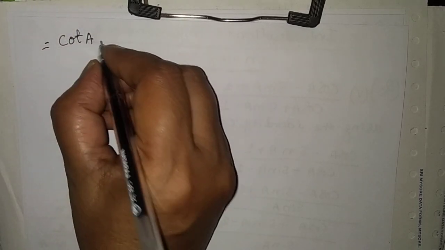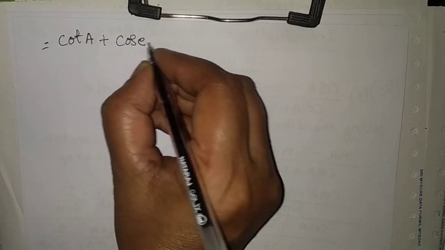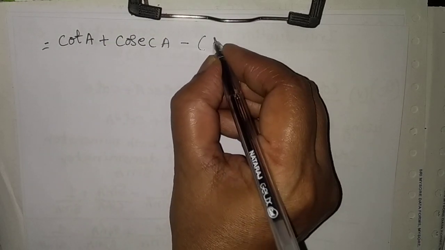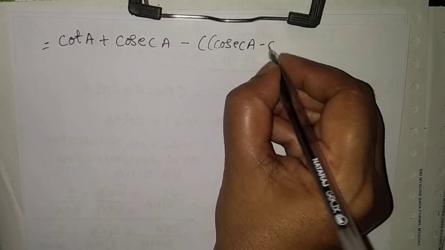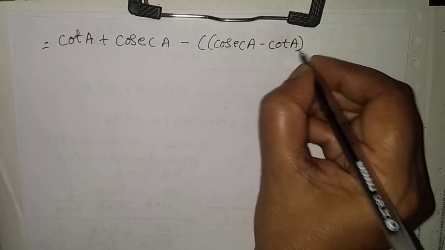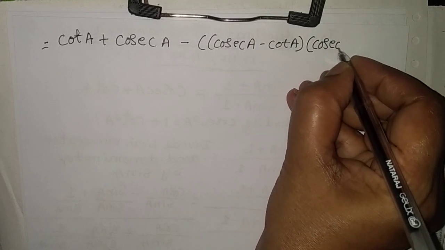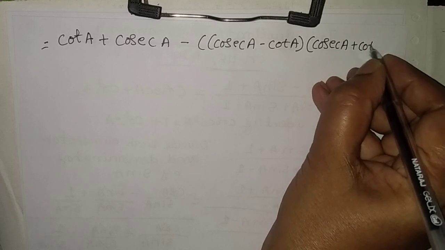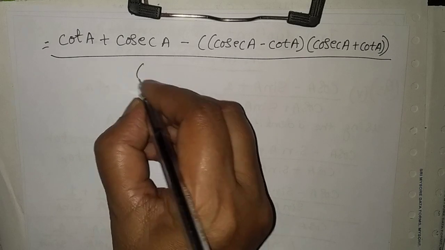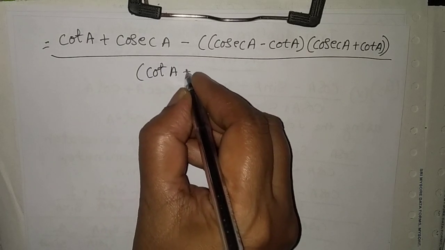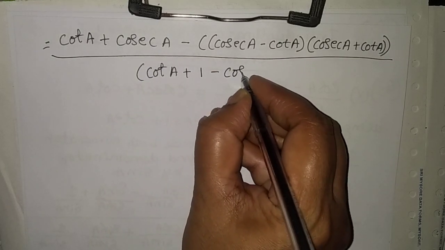Once again I'll write down where we left: cot A plus cosecant A minus of (cosecant A minus cot A) into (cosecant A plus cot A), divided by cot A plus 1 minus cosecant A.